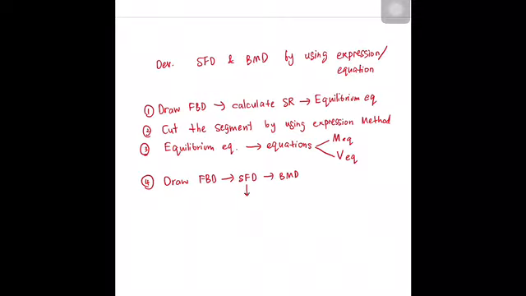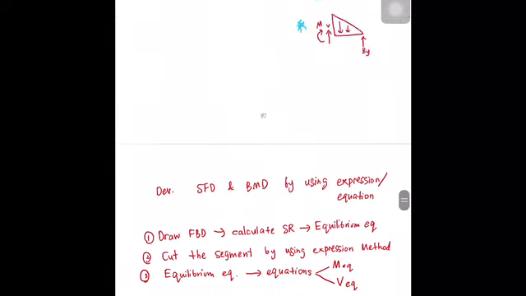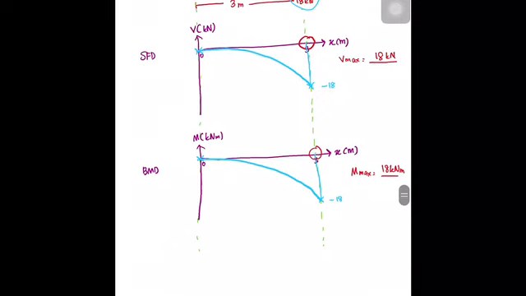From the shear force diagram you identify the maximum shear, and from the bending moment diagram you identify the maximum moment. This is the expression or equation method. For the previous examples that we've done, you already have all the maximum values, for example like this one, the maximum is at a point that you know.